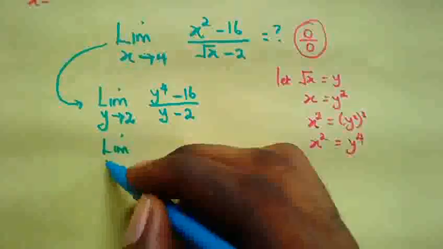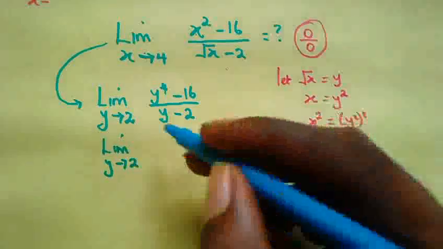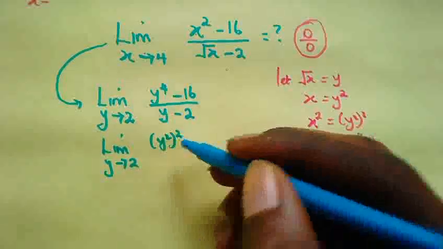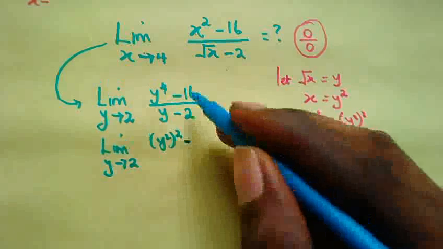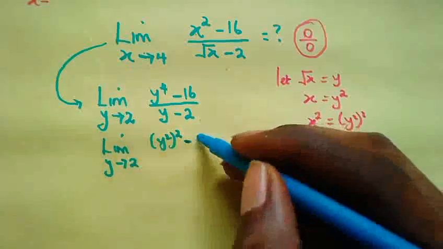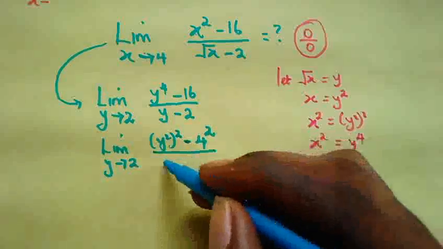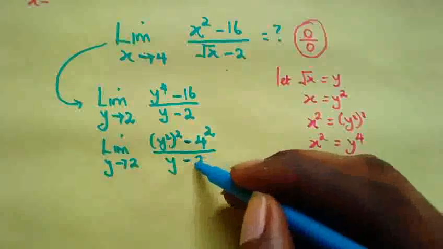Limit as y is approaching 2 of y to the power 4, which is y squared squared, minus, here 16 is the same as 4 to the power 2, all over y minus 2.